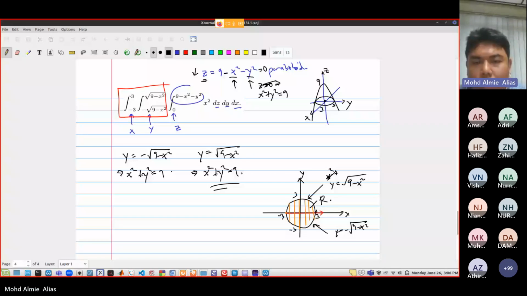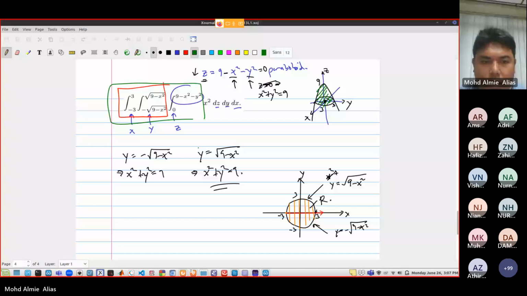And this actually comes from the paraboloid. And this comes from z equals 0, which is the base of the solid. Which means that all of this is the paraboloid here, but bounded by z equals 0.